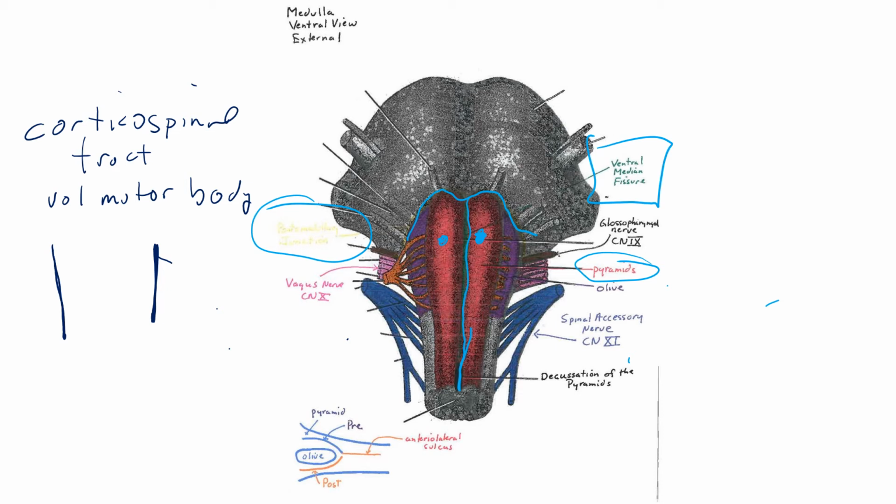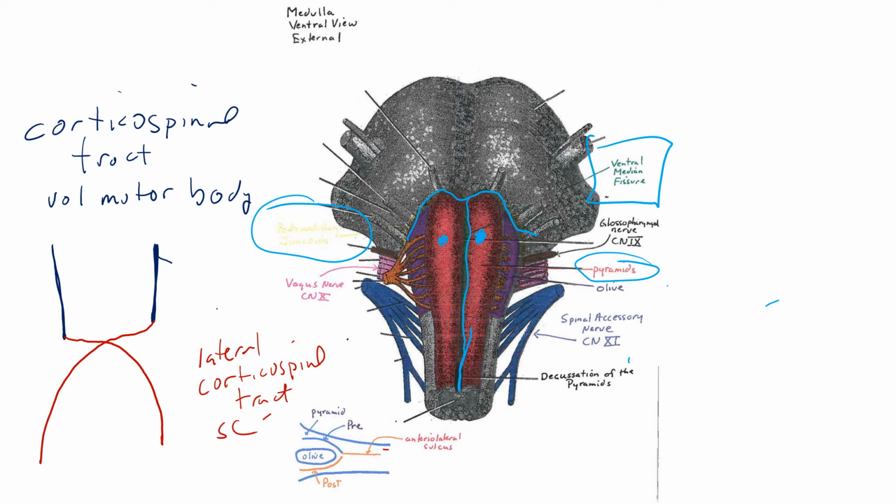And then at the decussation, we're going to see approximately 80% of the fibers crossing the midline and forming the lateral corticospinal tract of the spinal cord. And again, that's going to make up about 80% of the fibers. Numbers do vary from author to author.